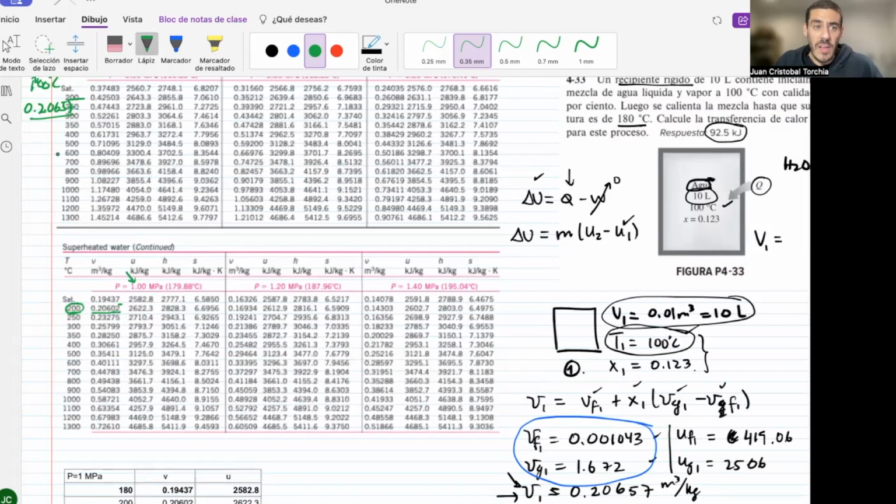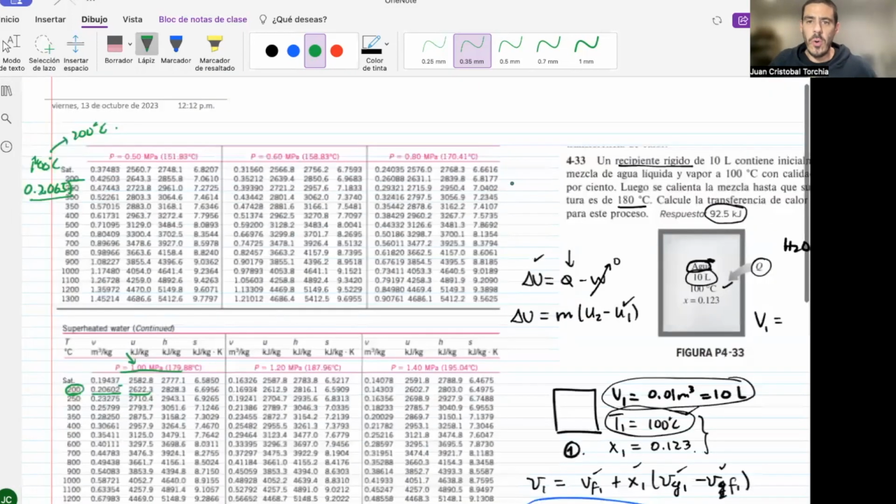And this one is not the one that I'm looking for, but it's pretty close. Okay, so I'm gonna say, well, you know what? That's the one that I'm looking for. It's something that I can estimate. I'm gonna take the 1 megapascal. They are not asking me the pressure. They are just telling me, okay, can you find U2, the internal energy? So yeah, I already found it. So 262.